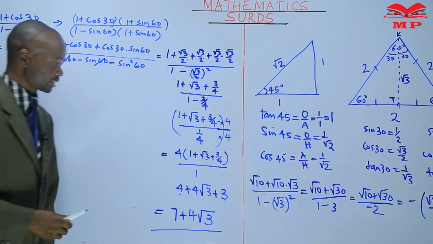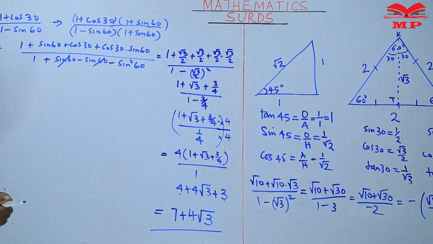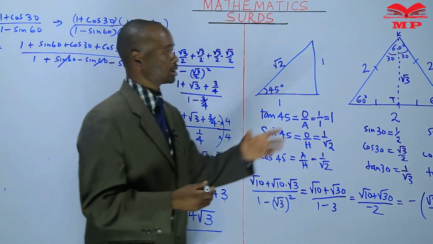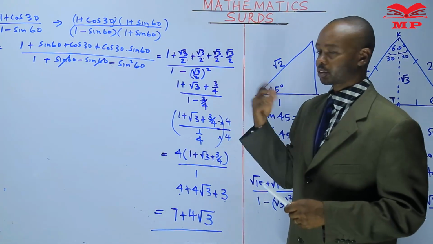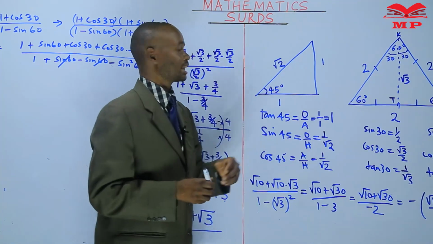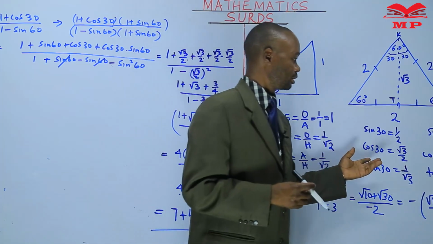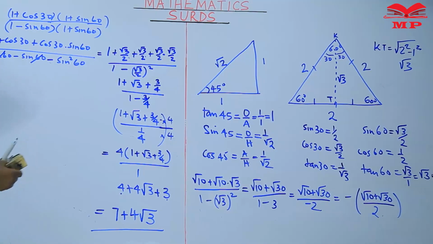But in the final answer, after simplifying, we don't remain with anything in the denominator. So it was a good ending to make the topic interesting. It is time to give a short assignment to sum up that topic.